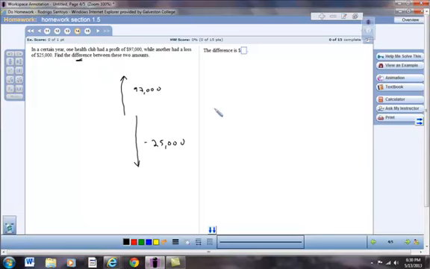So once again, we're just subtracting 97,000 minus negative 25,000. I put the parentheses around that number, but you don't necessarily have to. So just input in your calculator just like that. Get a solution of 122,000.